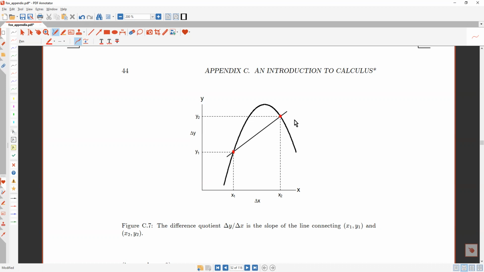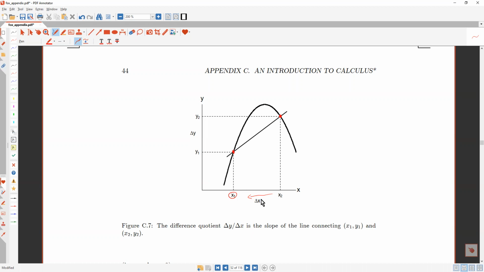We can compute the slope of that line, and it's not difficult to compute the slope of a line. But what's the key here? The key is we want to see what happens as this point stays the same, but we bring x2 closer and closer to x1.